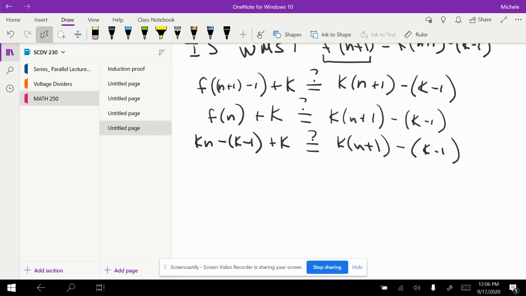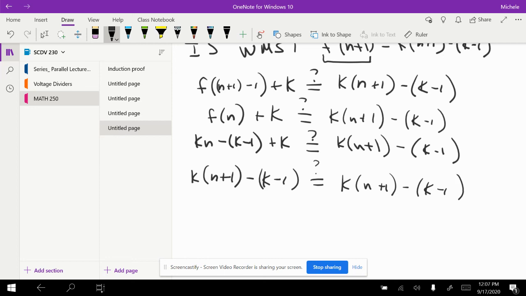I've got a k here and a k here, so I'm going to factor. So I'm going to say k, and then I've got an n and a 1 there, n plus 1 minus k minus 1. Does it equal k times n plus 1 minus k minus 1? And it does. This side is equal to that side. So we did it.